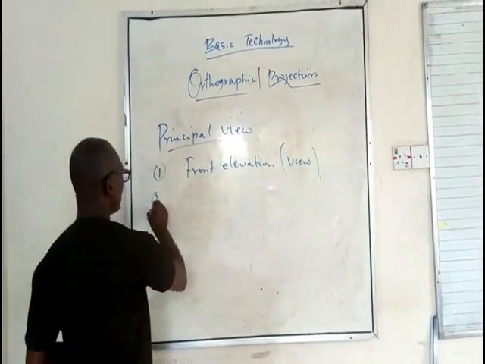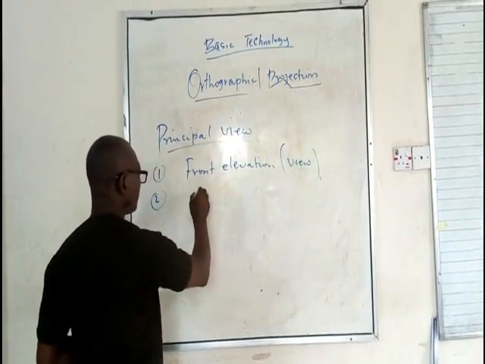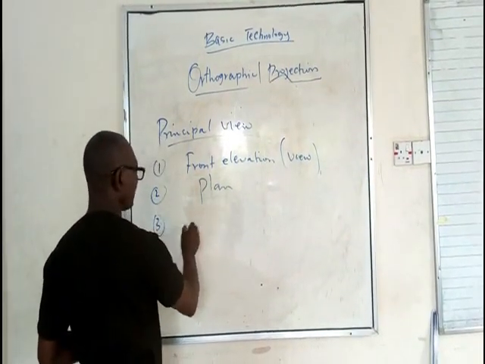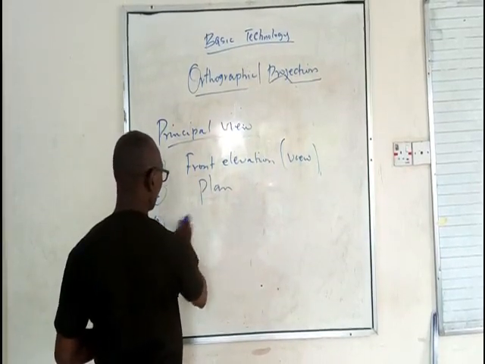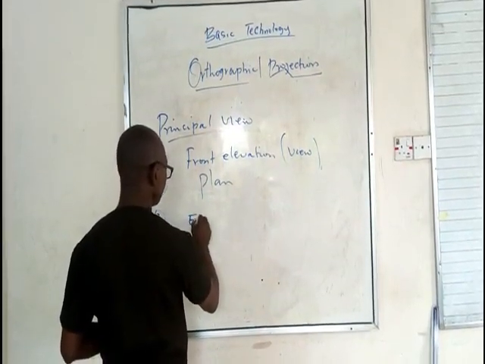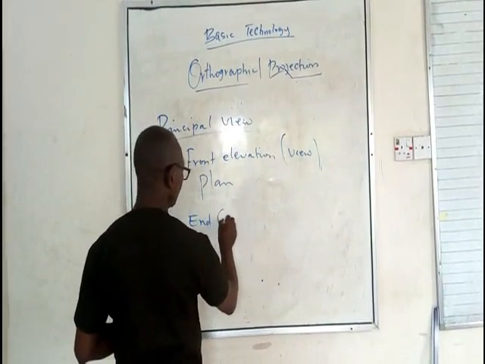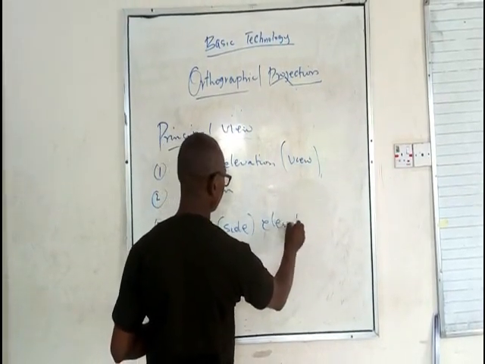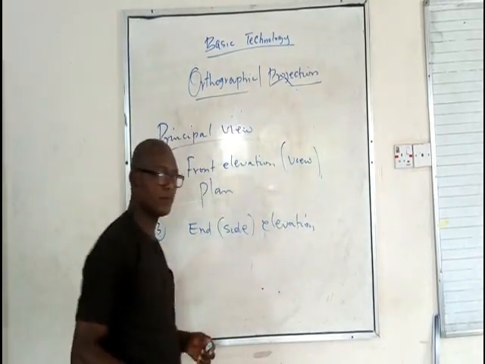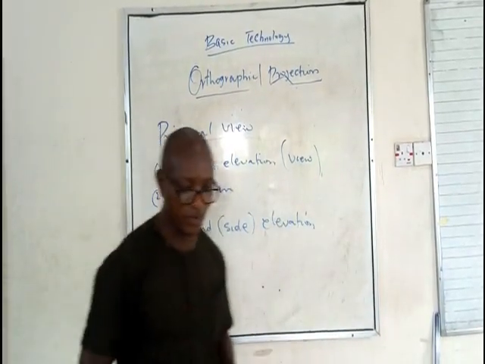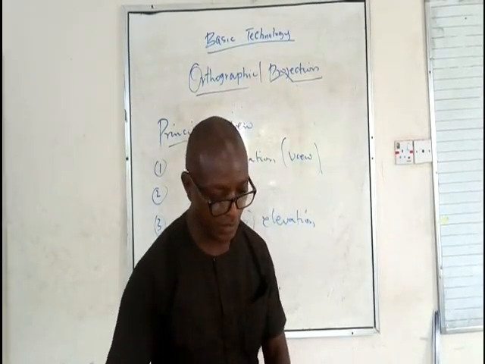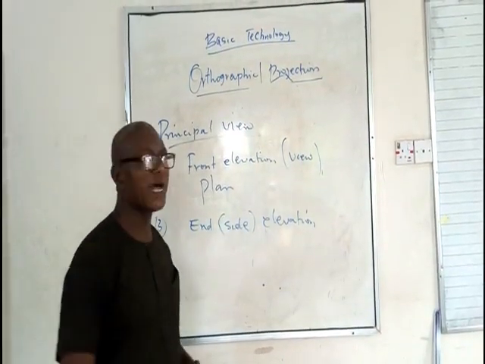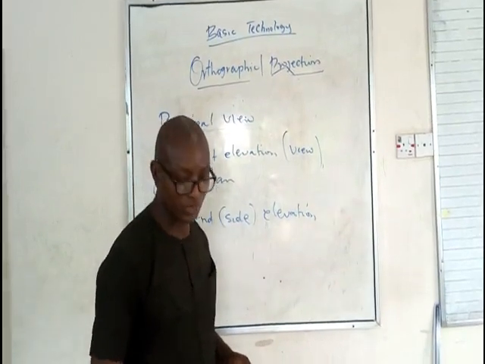Then number 2, we have the plan. Then number 3, we have the end or side elevation. Those are the 3 principal views that we have in orthographic projections.